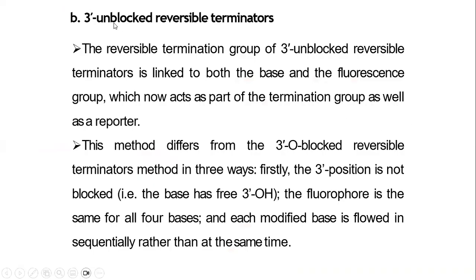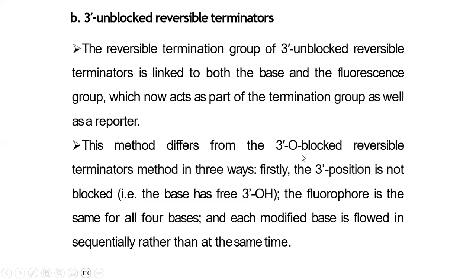Then coming to the 3' unblocked reversible terminators. So these are different from the 3' blocked reversible terminators, in which in the previous case the 3' hydroxyl group was blocked by a chemical, and here it is not blocked. So the reversible terminator group of the 3' unblocked reversible terminator is linked to both the base and the fluorescent group, which now acts as a part of the termination group as well as a reporter.